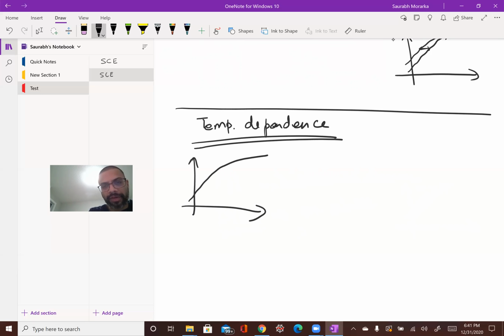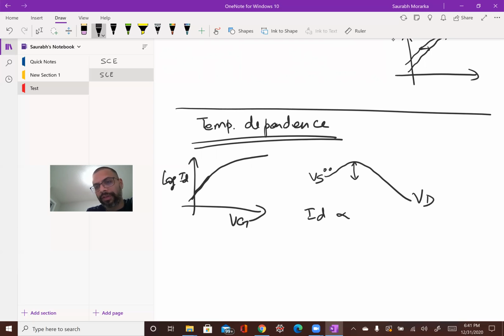So if this is your log ID versus Vg, and this is where the subthreshold slope happens. In this part of the curve, which is called the off state, as I drew before, the carriers are kind of leaking between the source and drain, even though there is a barrier between them, and that leakage mechanism is being driven by what's called the diffusion current.